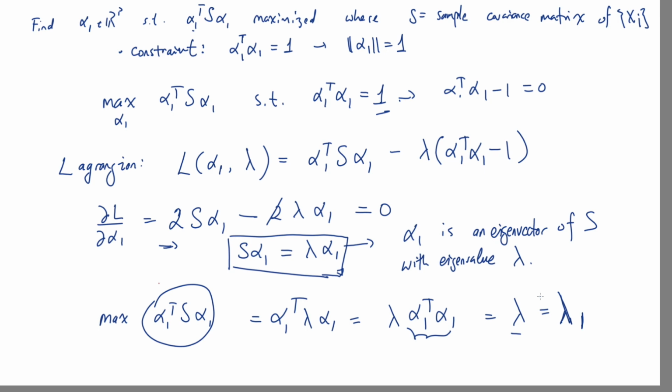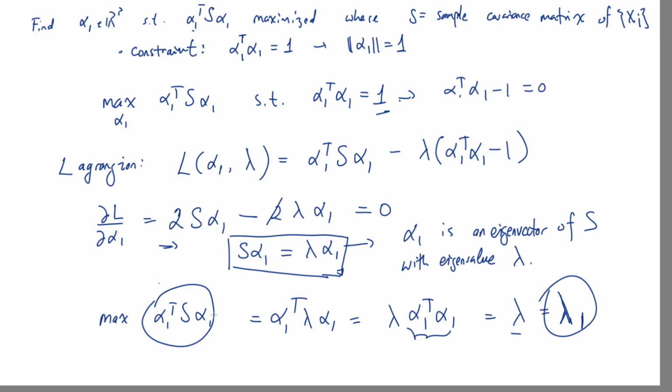Now, it's kind of a subtle point that I didn't really talk about. We can have negative eigenvalues. So in theory, this could be a negative value, but because this is a covariance matrix, we're always going to get positive eigenvalues. And so lambda 1 will actually be the largest eigenvalue. And it's actually giving us the variance of the projected points.